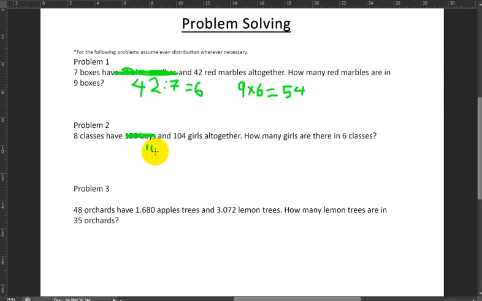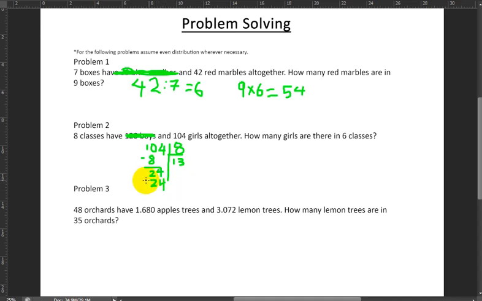So I'm going to do 104 vertically, divided by 8. 8 into 10 fits once. 1 times 8 makes 8. I do the subtraction and I get 2. Carry down the 4. And then I say 8 into 24 goes 3 times. And 3 times 8 makes 24.